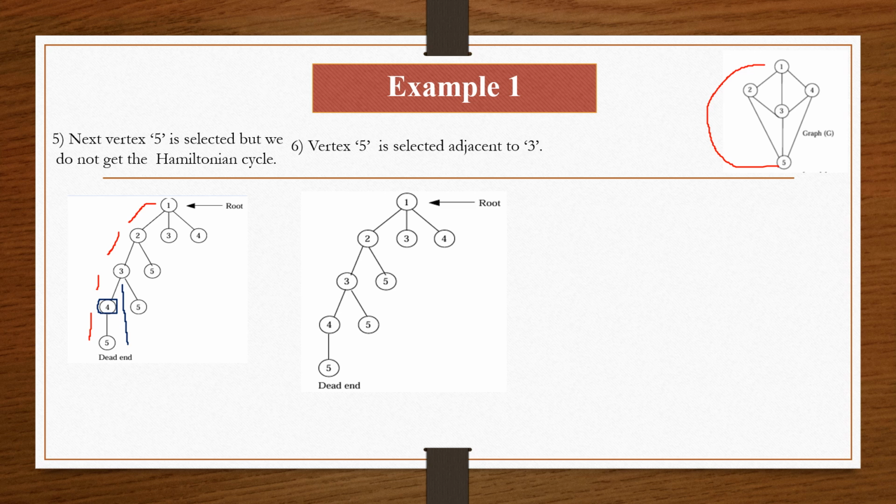Already 2 has been visited and 4 has been explored already. Therefore 5 is selected as adjacent to 3. So this path I am exploring. 5 is selected as adjacent to 3.